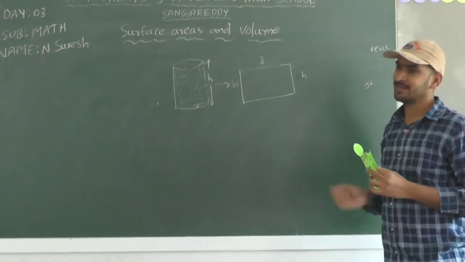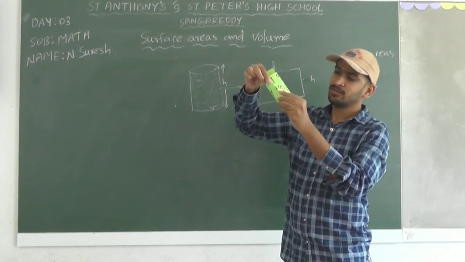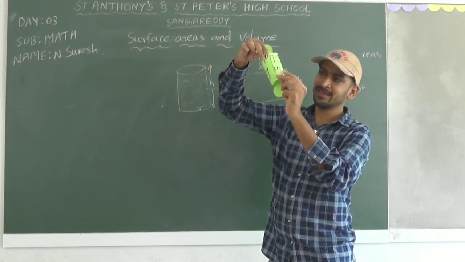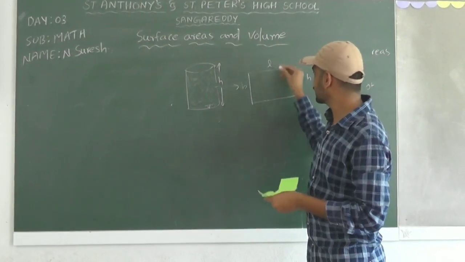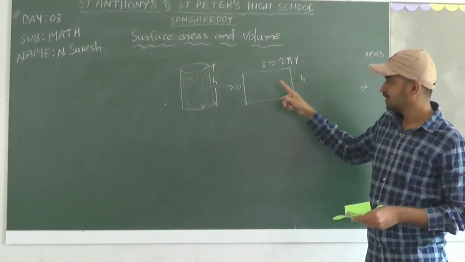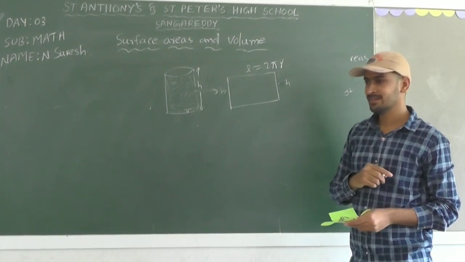Next, the length of the rectangle. What is the length after unfolding? The length of the rectangle is nothing but the circumference of the circle, that is 2 pi r.